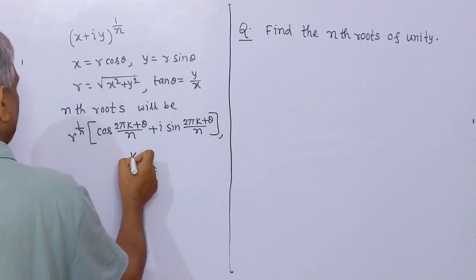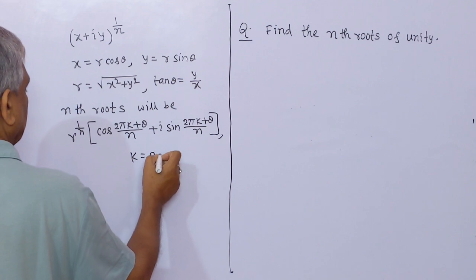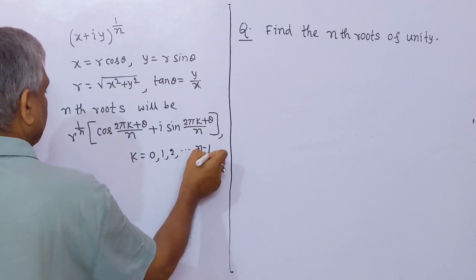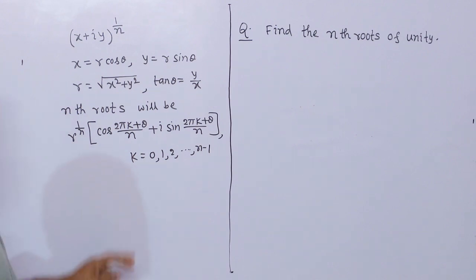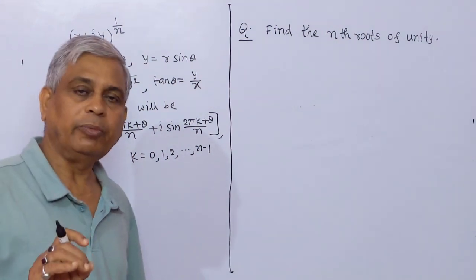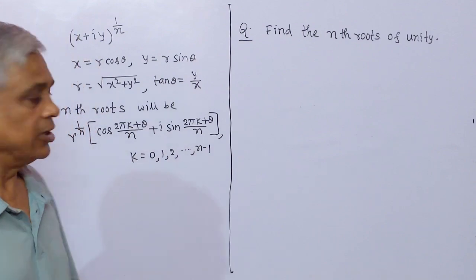The value of k will be 0, 1, 2, up to n minus 1. And with the help of this formula, we will solve all problems.